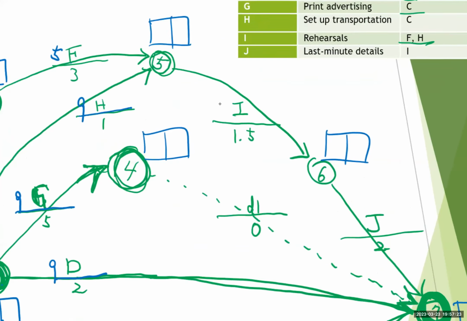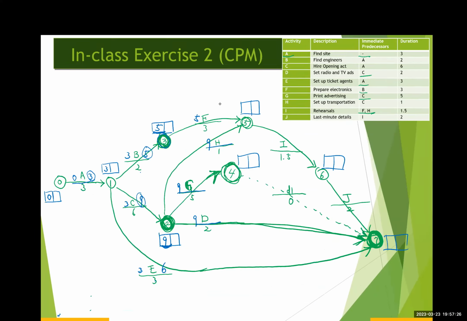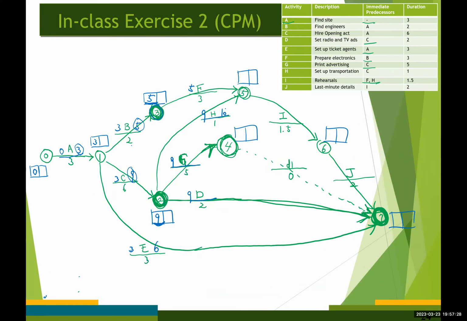9 plus 1, 10. 9 plus 5, 14. 9 plus 2, 11, right?